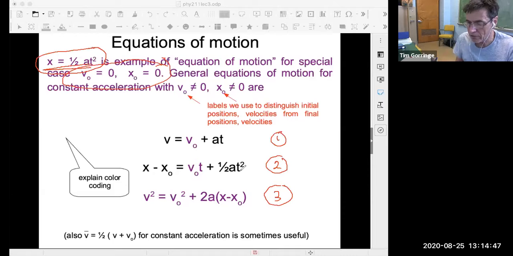So these are equations of motion that connect all those quantities that we use to describe objects moving through space and time. Now, I've actually color-coded them.